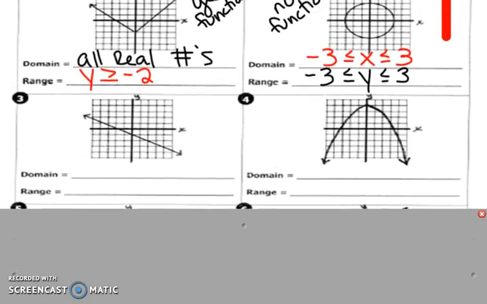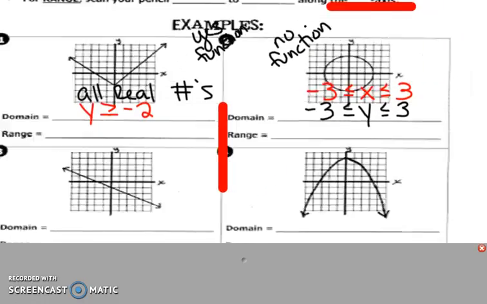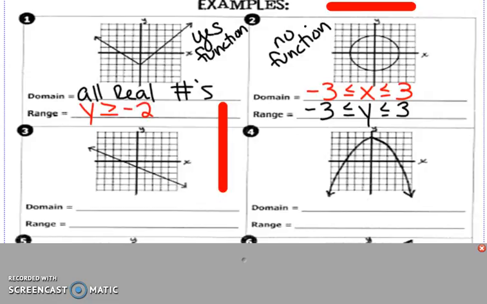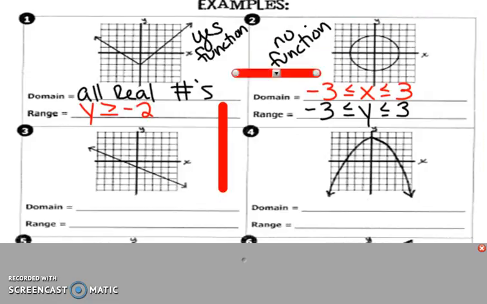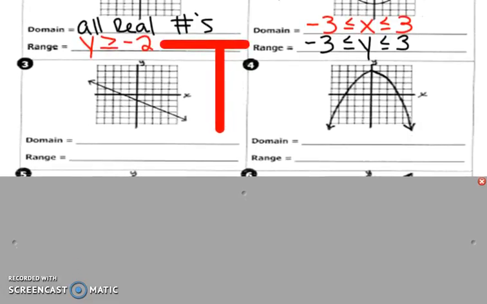Now, if we look at example 3, I'm going to bring my pencils down. We're going to start with my domain, and I'm going to slide my pencil from left to right. If you notice, it hits every spot every time.